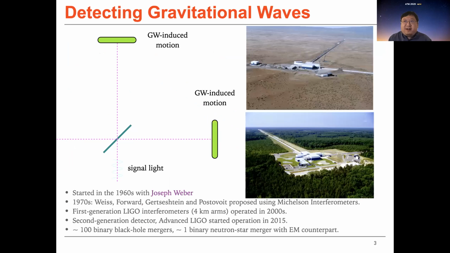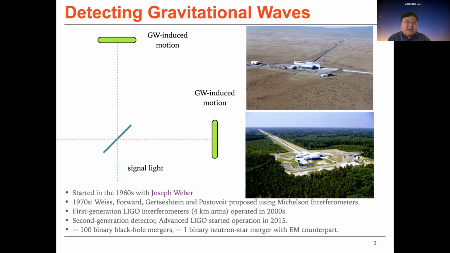There's a long history of gravitational wave detection, just like Professor Hall was talking about. Every field takes a long time to develop, but I think right now is a very good time to enter gravitational wave research. The detection started in the 60s with Joe Weber, who was using resonant mass detectors.